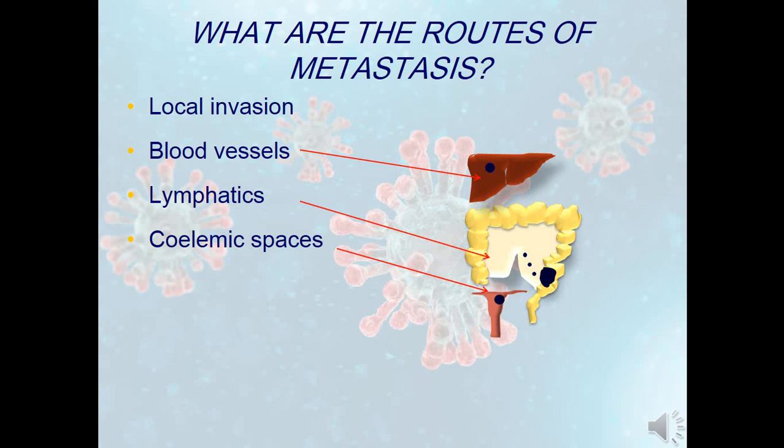Lymphatics: tumor cells break down the lymphatic channels, get inside them, and spread through the lymphatics to multiple lymph nodes outside the primary site of origin of the tumor. Coelomic spread, where the tumor seeds on peritoneal cavities to distant sites. For example, gastric carcinoma by coelomic spread can reach the ovary.